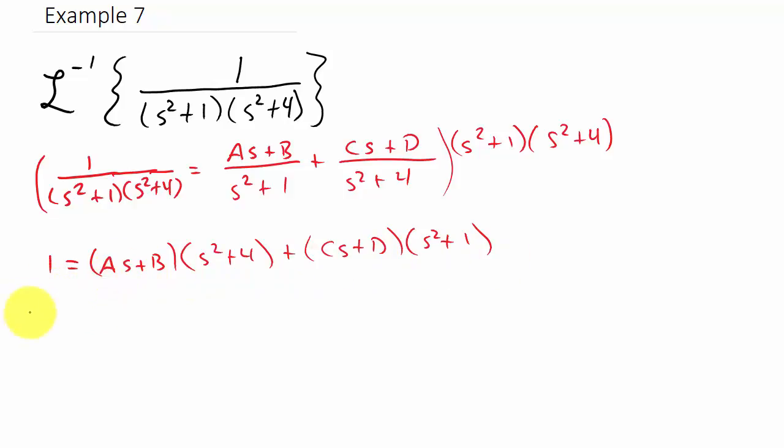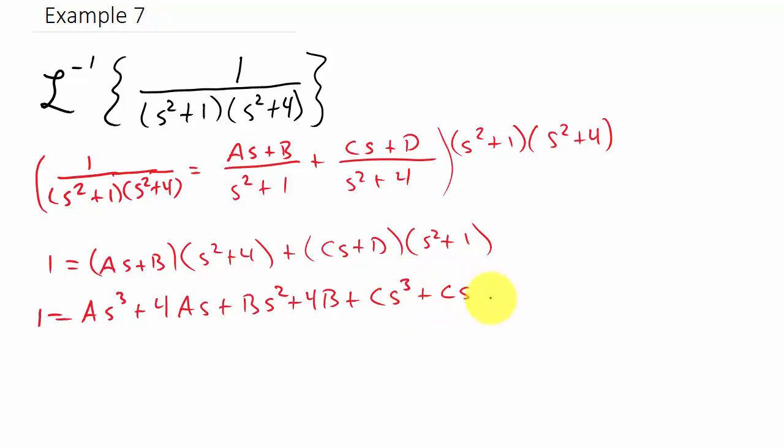So when I FOIL this out, I get 1 equals as cubed plus 4as plus bs squared plus 4b plus cs cubed plus cs plus ds squared plus d.